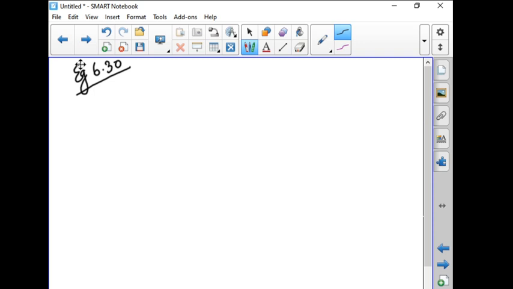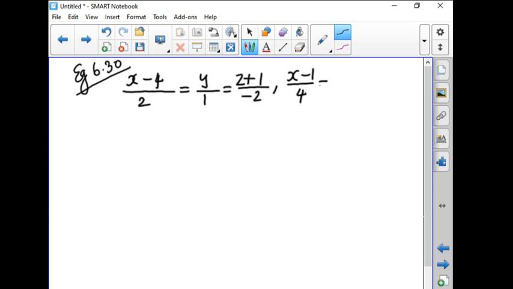Find the acute angle between the straight lines. Given straight lines are (x minus 4) divided by 2 is equal to y by 1 is equal to (z plus 1) divided by minus 2, and the next line is given as (x minus 1) divided by 4 is equal to (y plus 1) divided by minus 4 is equal to (z minus 2) divided by 2, and state whether they are parallel or perpendicular.